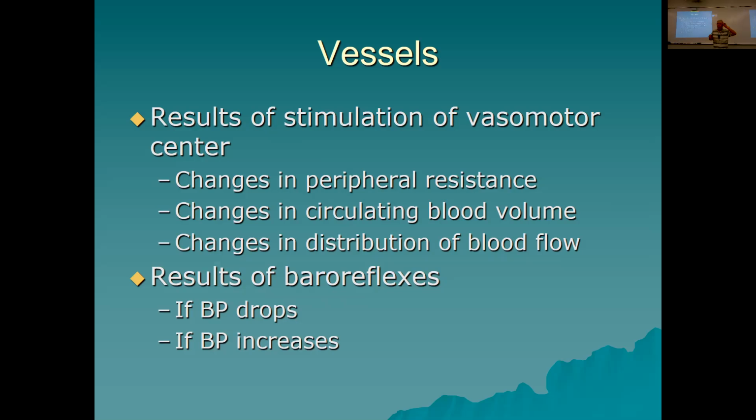We need to cause vasoconstriction in blood vessels, and we have to stimulate the heart sympathetically to raise cardiac output. If blood pressure increases, that means they're stretched too much. And this is the opposite signal to tell the vasomotor center to dilate blood vessels over the body and decrease cardiac output, to decrease blood pressure.